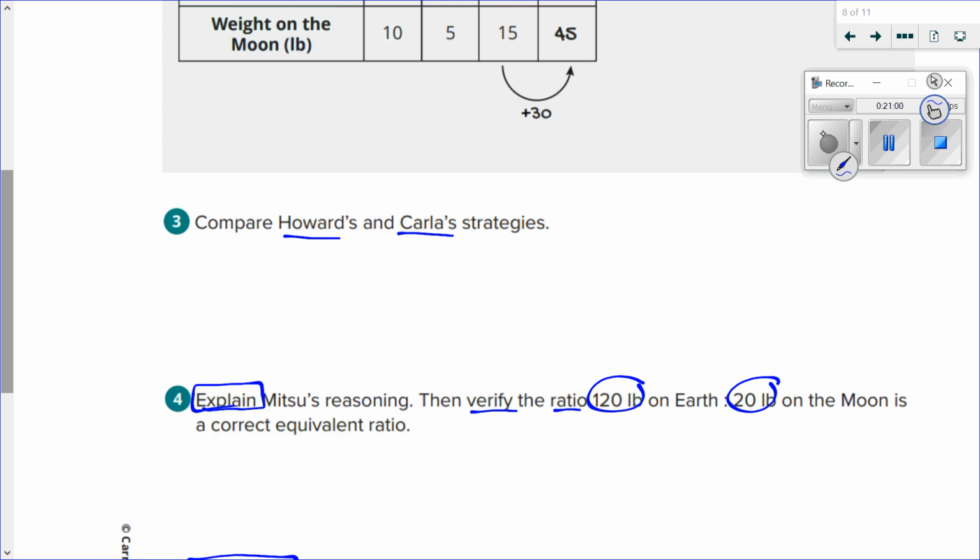And Howard did what? A ratio table, yes? So Howard used a ratio table. And what kind of reasoning did he use in his ratio table to get the other ratio? He used multiplicative reasoning.